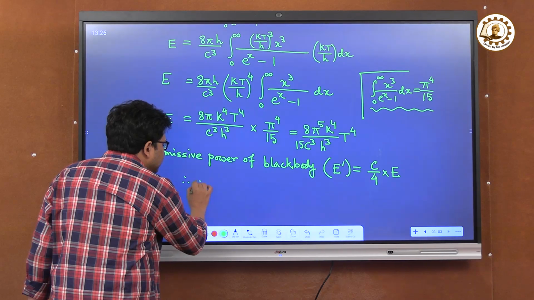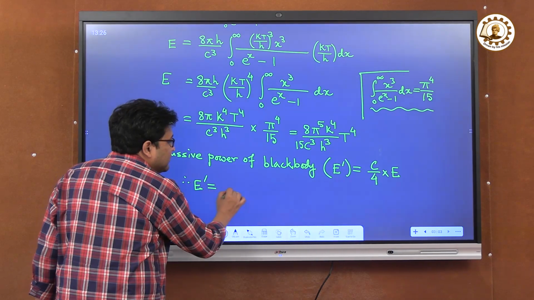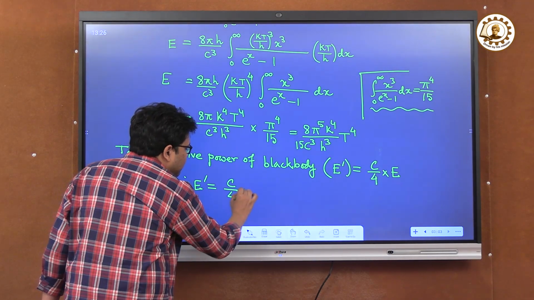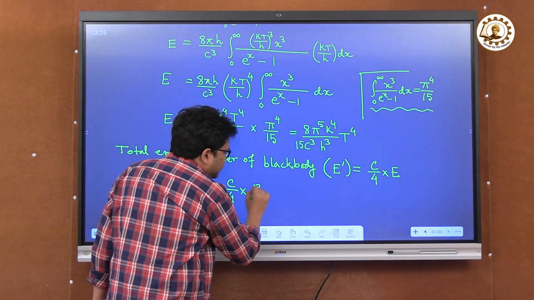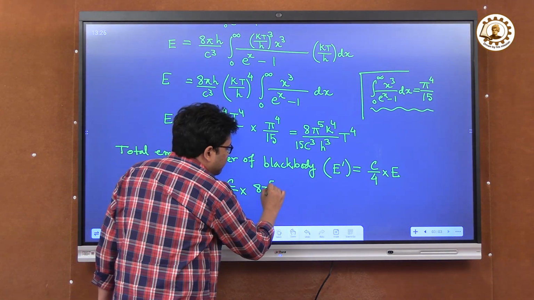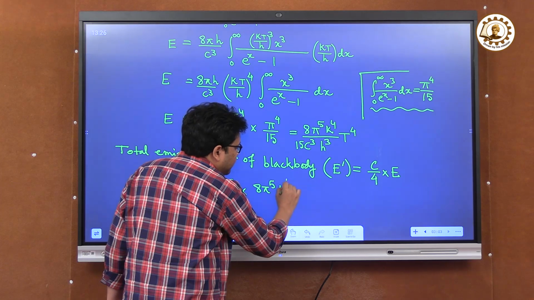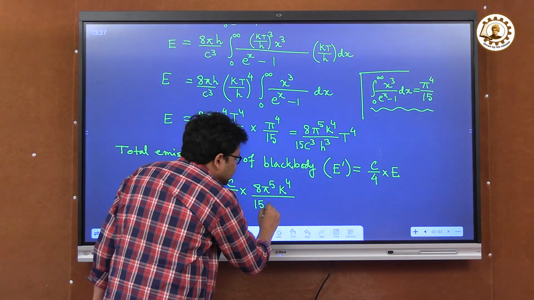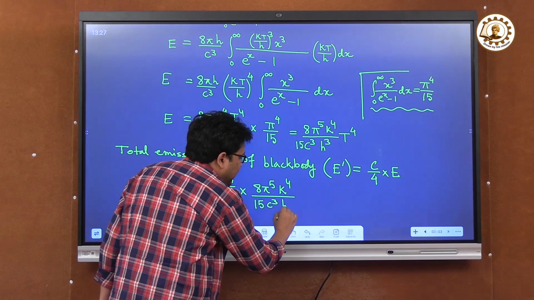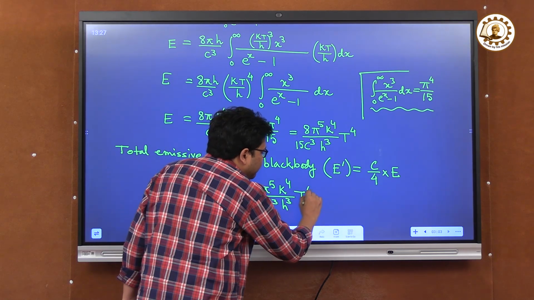Therefore the total emissive power E prime equals c by 4 into 8 pi to the power 5 k to the power 4 divided by 15 c cube h cube T to the power 4.